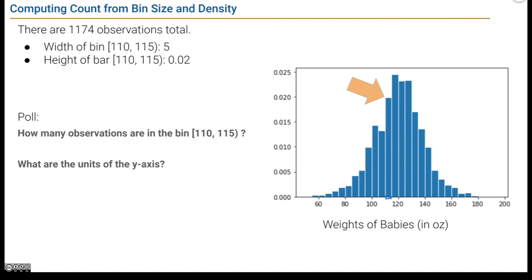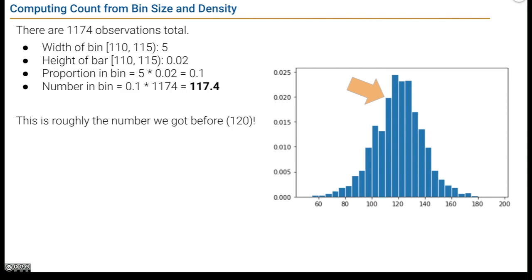Okay, so let's see if we put this all together. This is the density. This is the fraction of data points per unit of X. So if I take that density, 0.02, and I multiply it by the width of the bin, that's going to give me the proportion of data points that are in the bin total.